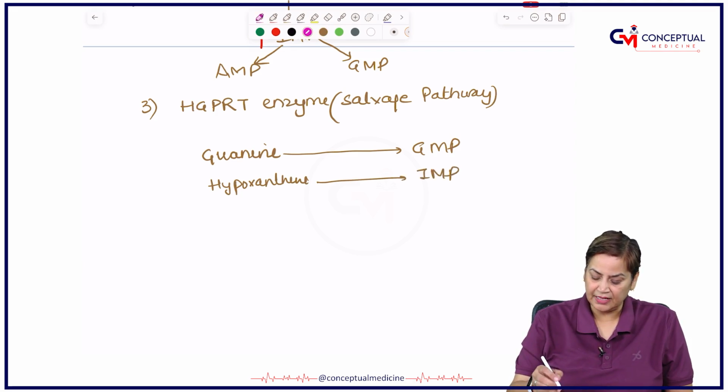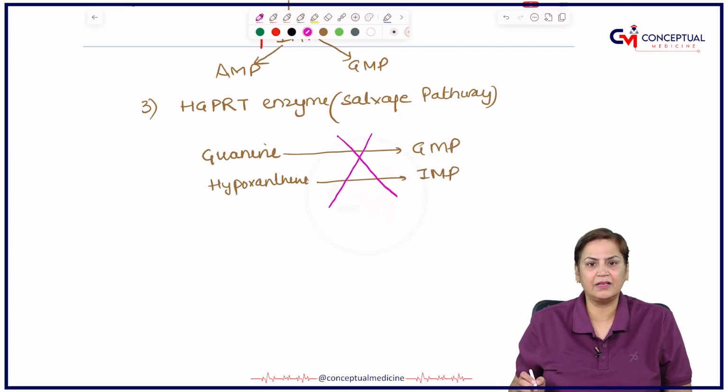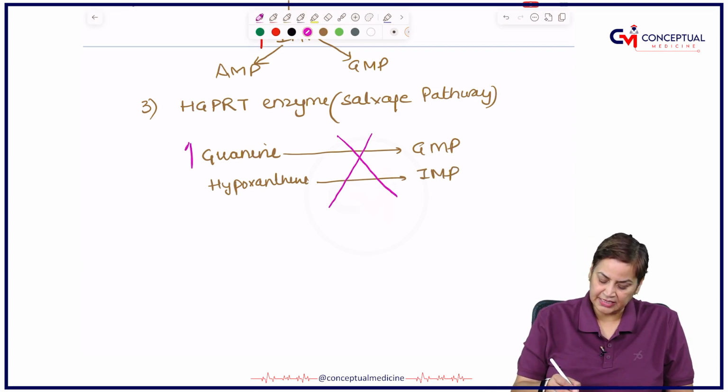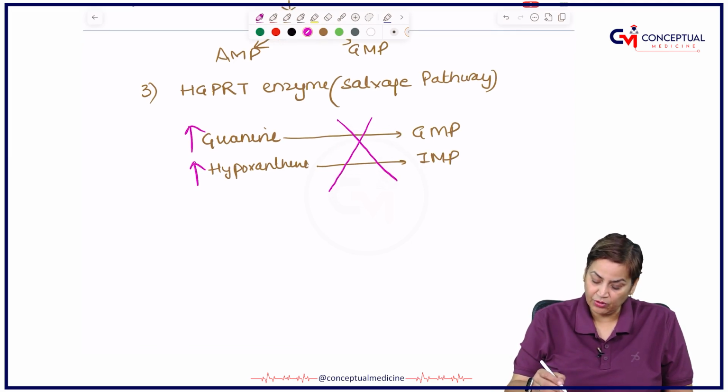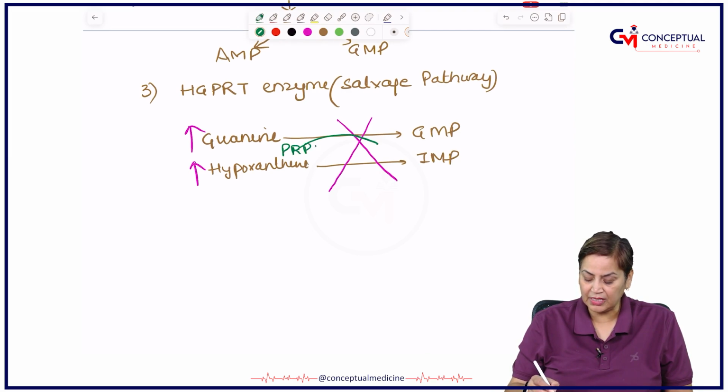So if this enzyme is absent, it will lead to increased concentration of PRPP, which was otherwise being used up, giving PPi.